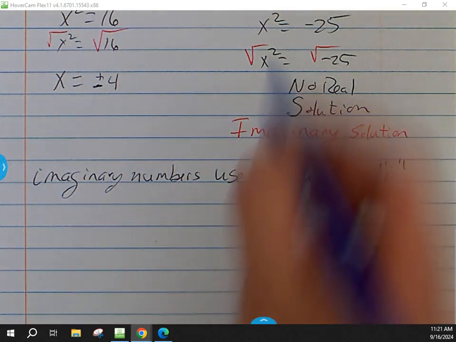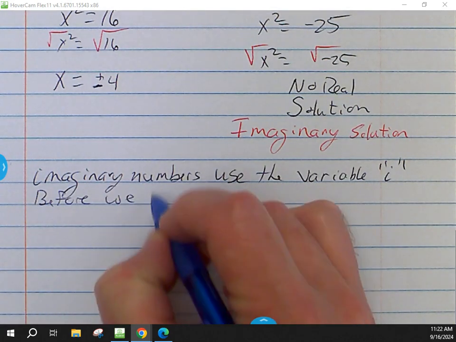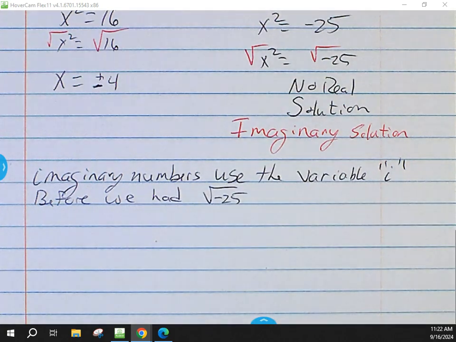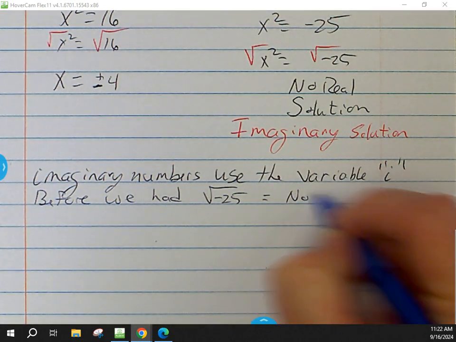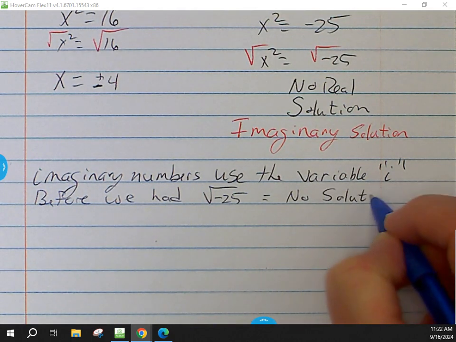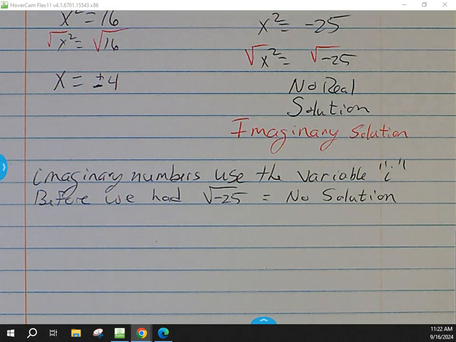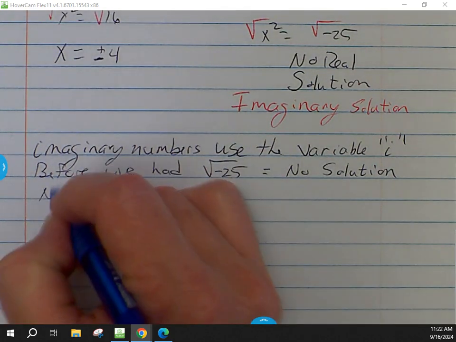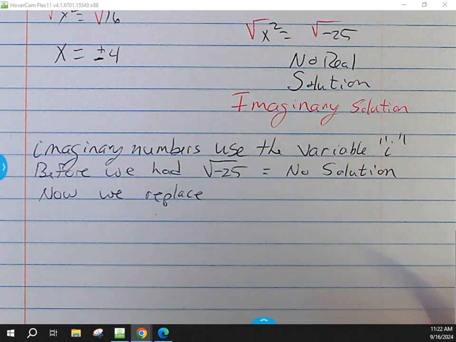So up here, on the last test, if we had the square root of negative 25, that was going to equal no solution. But here's what we're going to do different for this section. Now we're going to replace the negative with i squared.